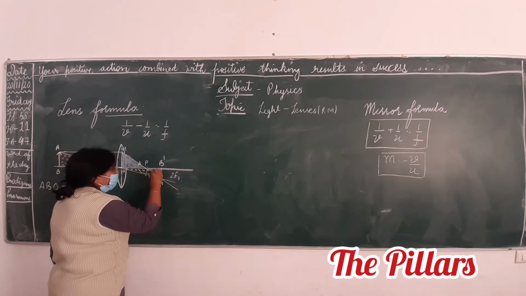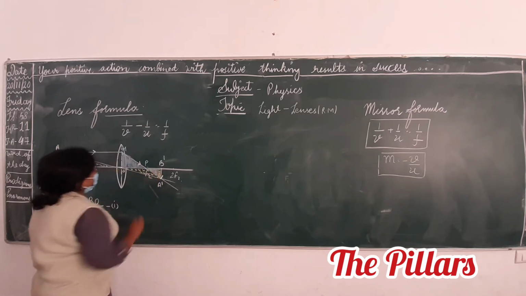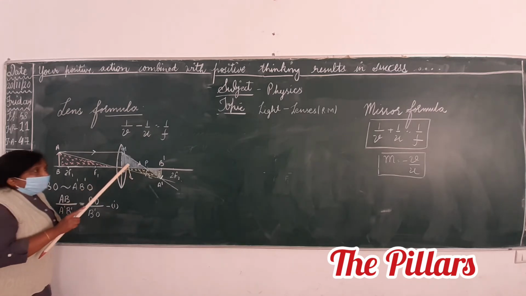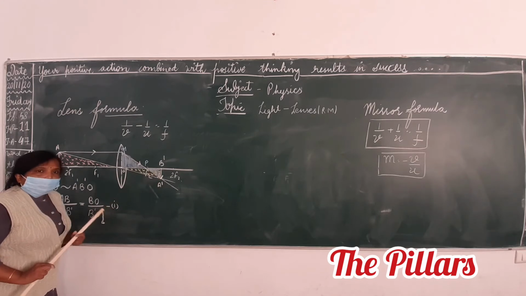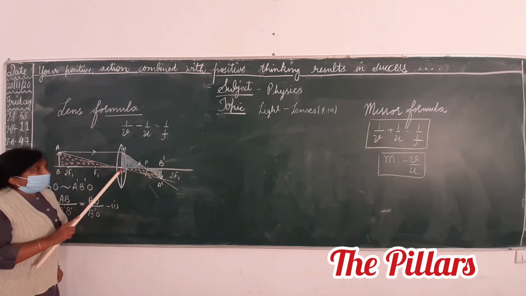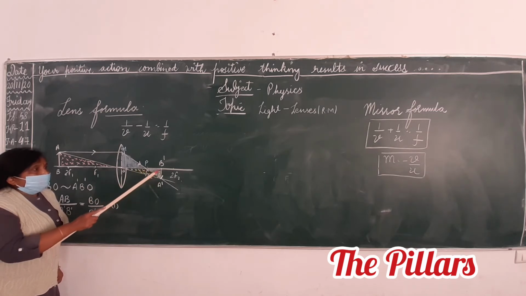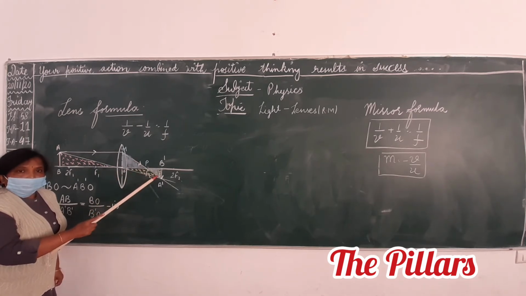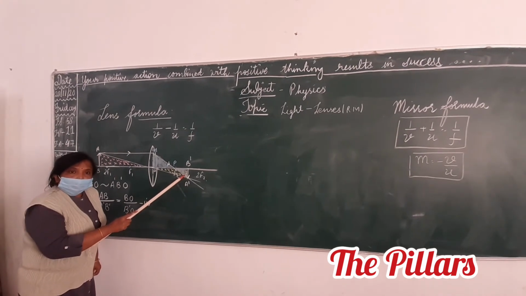AOM? No. You see the blue marking. MOP and A dash B dash P. These two triangles are similar to each other. Yes or no?